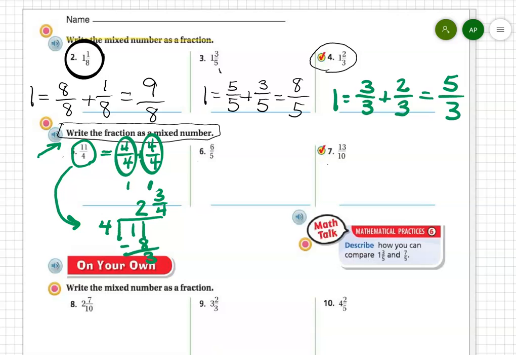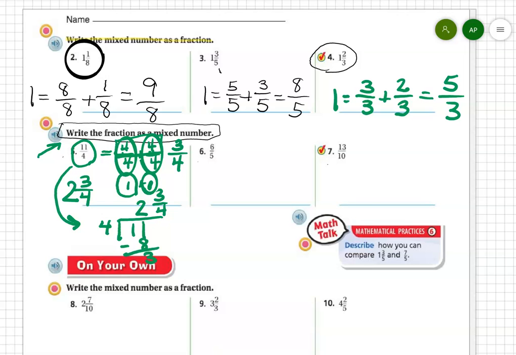Okay. And so far, we've got 8/4, but we've got to work our way back to 11. So we are left with 3/4. 4 plus 4 is 8. 3 more equals 11. It's the same as saying 1 plus 1 is 2 3/4. Either way, you're going to come back to a mixed number of 2 3/4.